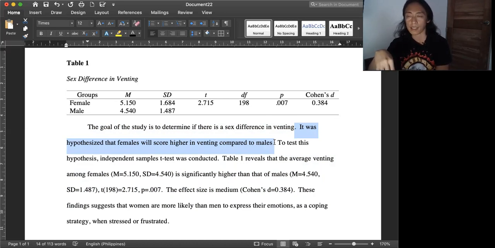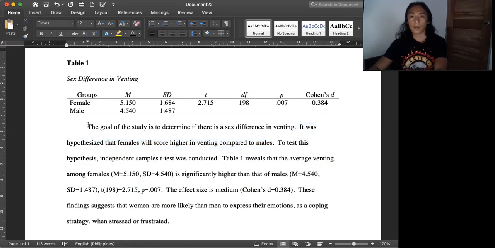You wouldn't be discussing a result that was not part of the objective of your study, that you did not hypothesize about. So it's always good to remind your reader of those two. So it says here, the goal of the study is to determine if there is a sex difference in venting, and that's what this result is for. The result is about examining sex differences in venting.